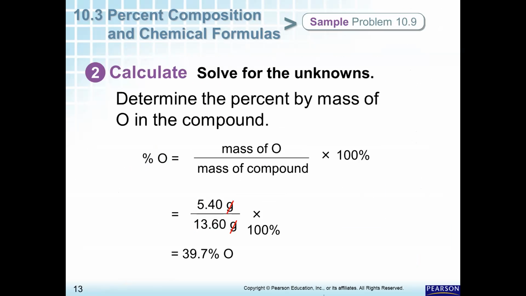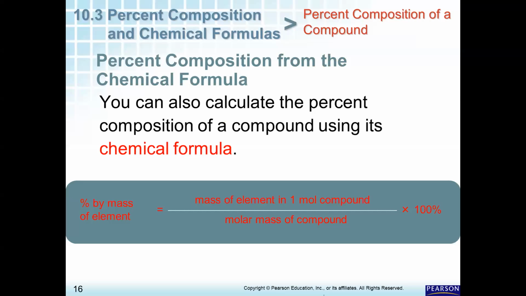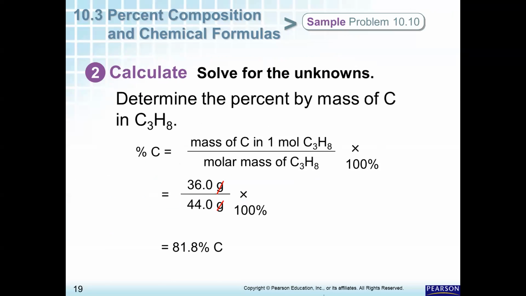Or sometimes you are provided with the chemical formula. Then from the molar masses of the elements and the molar mass of the whole compound, you can calculate the percent composition of each element in there. Now, we also talked about using the percent composition as a conversion factor, because when you say 30% or 40%, that means 40 over 100.